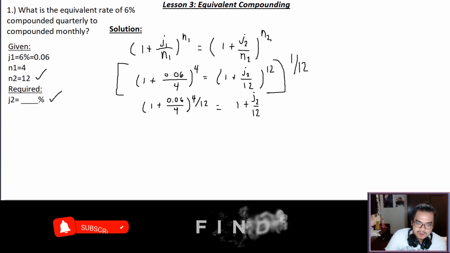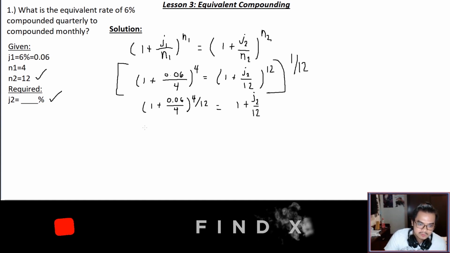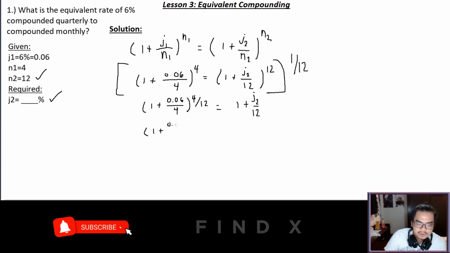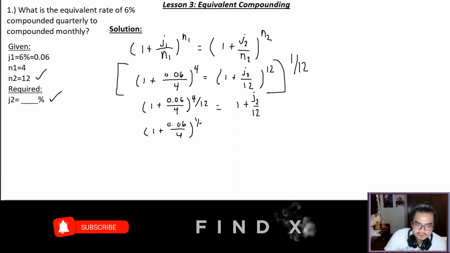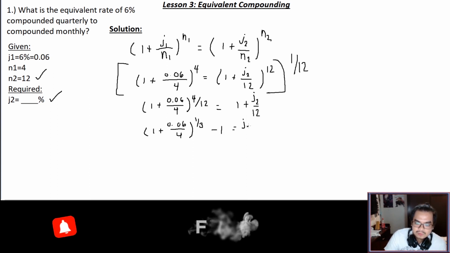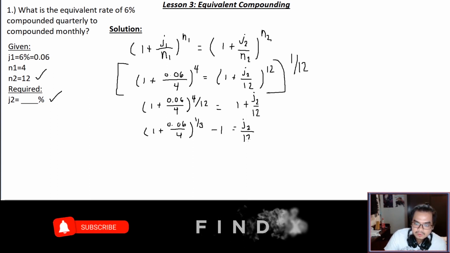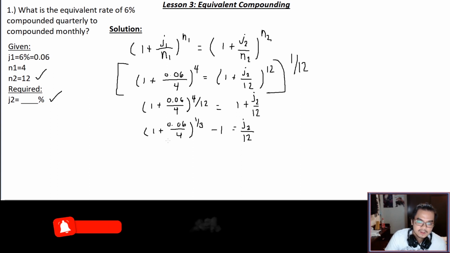And next, we can transpose 1. So 1 plus 0.06 over 4 raised to 4 over 12, that will be 1/3, transpose 1. So that is minus 1 equal to J2 over 12. So finding J2, all you have to do is just cross multiply this by 12.